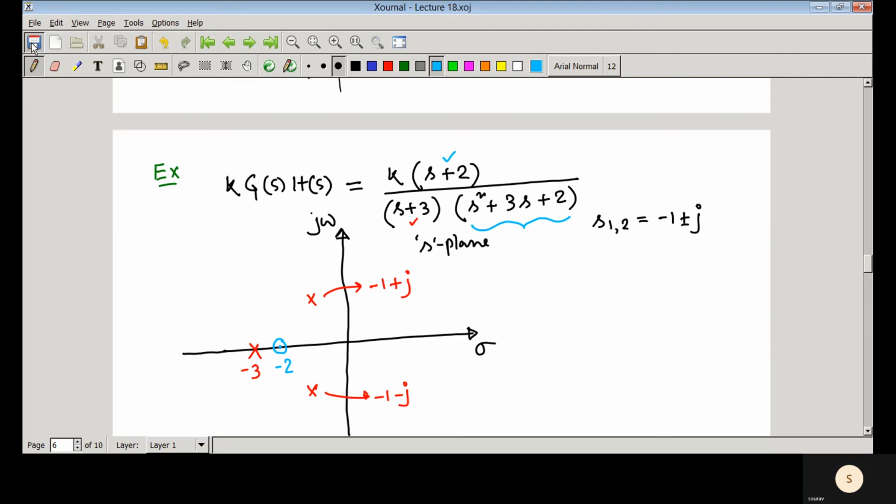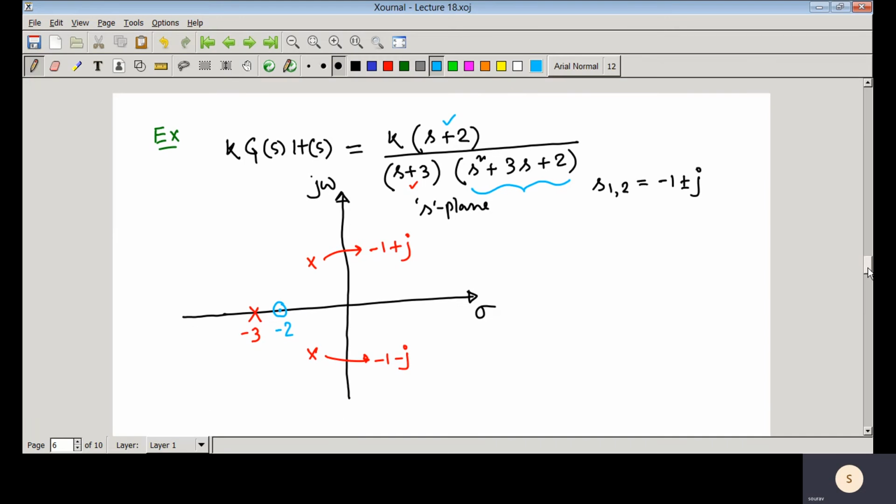So now, as it has open loop complex conjugate poles, we need to find out the angle of departure, because at that particular point the root locus starts, and at k equal to 0 the open loop poles would be the closed loop poles. That means they would be here at the pole location.